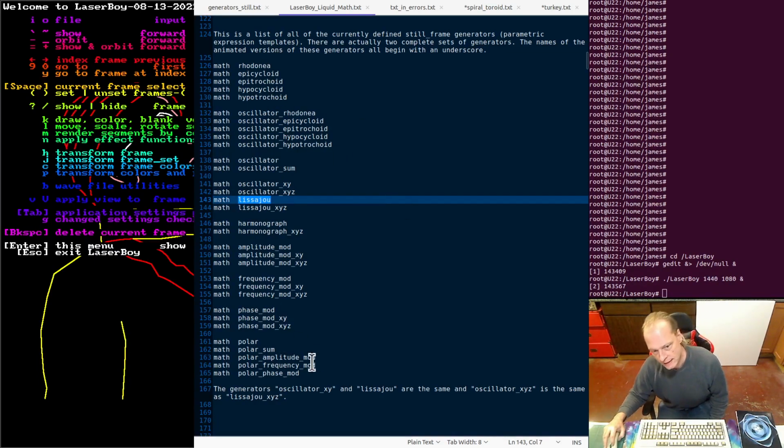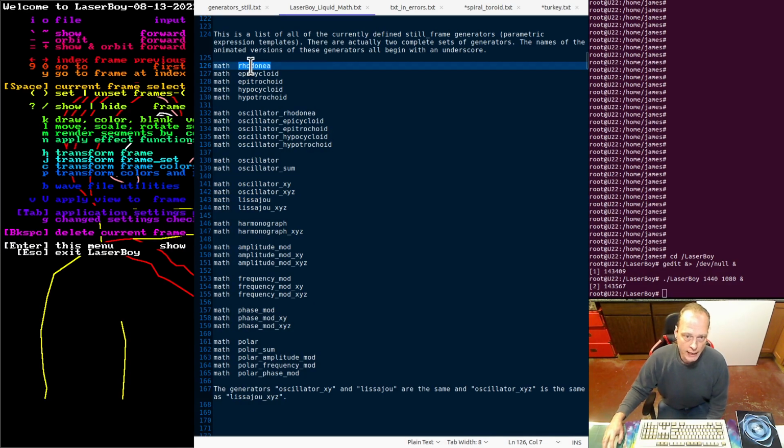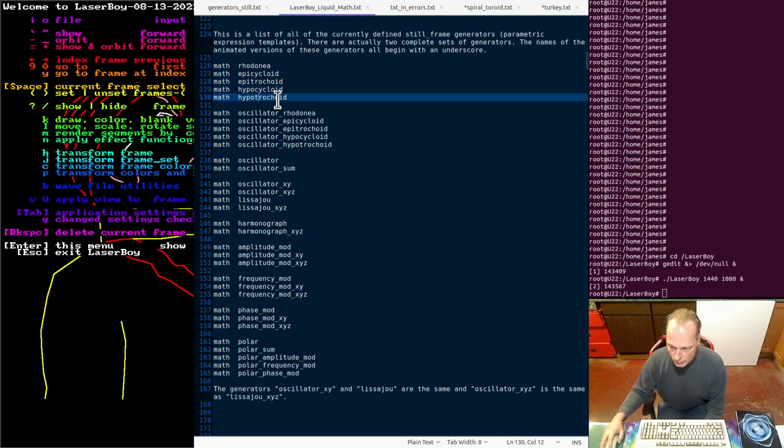Each one of these things is essentially a parametric expression template, and each one of these uses some parameters in that template, and they all are based upon start through duration in iteration steps. So each one of these generates a single frame with initial frame parameters that go into it, right? And they use varying amounts of these parameters.